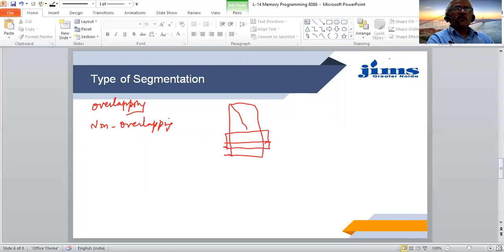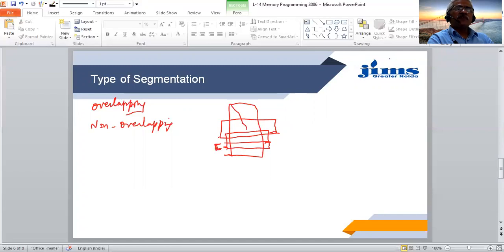So what exactly do we mean by overlapping? The start of the second segment, which is falling within the memory area of the first segment, to the end of the first segment, is the memory overlapping segment. Similarly, we can start yet another segment before the end of the second segment.